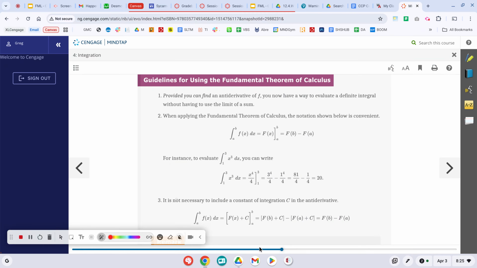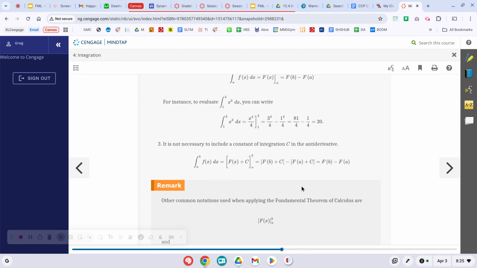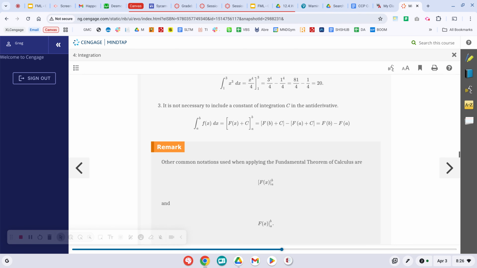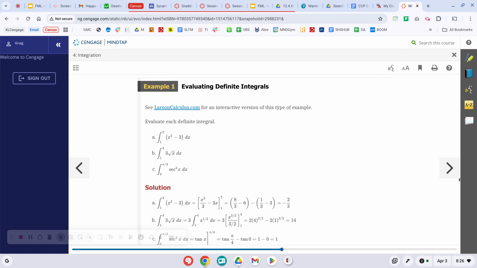Okay, down here we start to see why it's not critical to add the c value, because the c value, if you added it, would be subtracted out. Plus c minus. This indicates why you do not need the c value, okay? This just shows you a couple other ways to write parent functions.